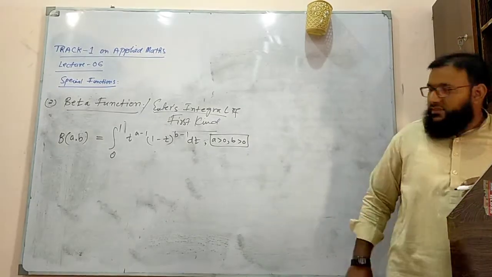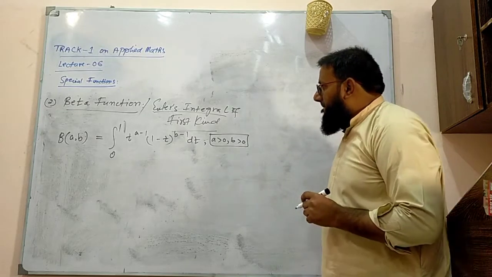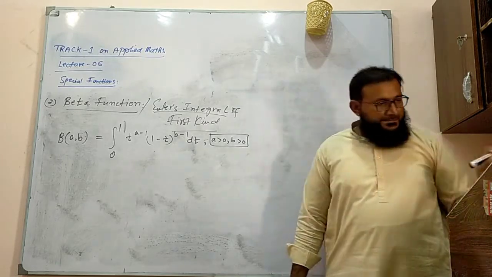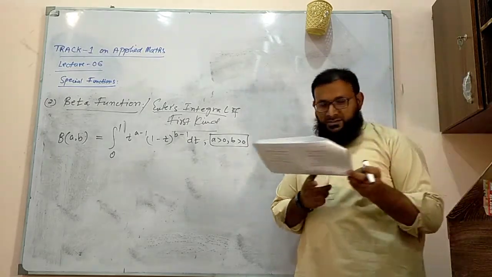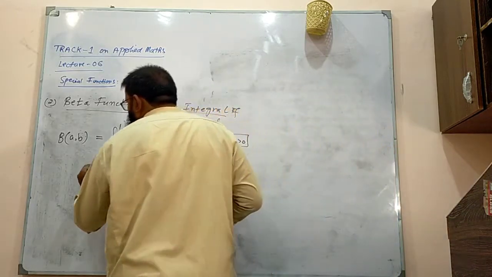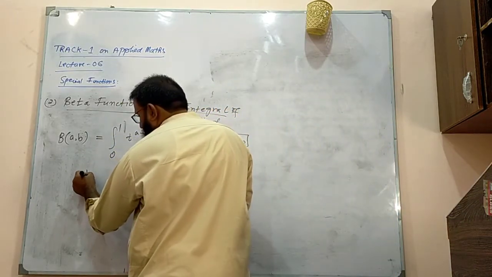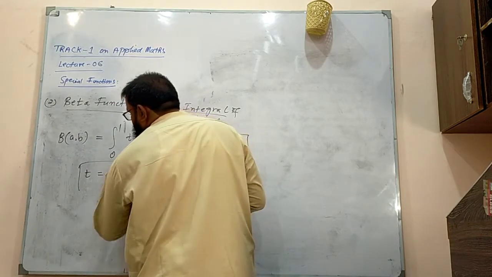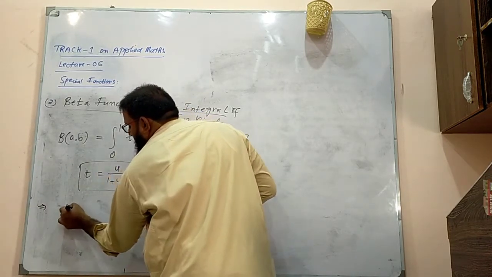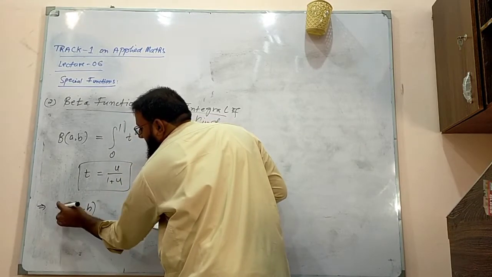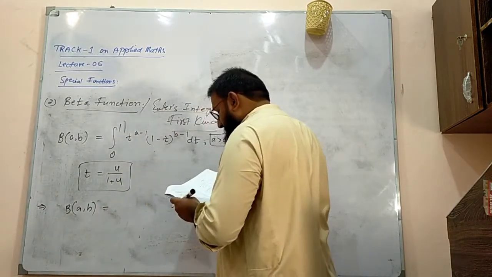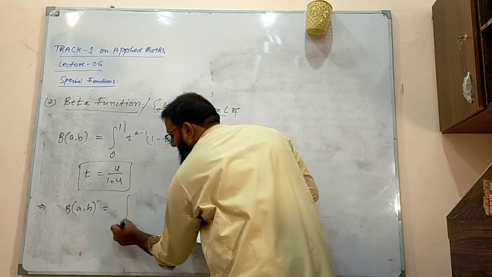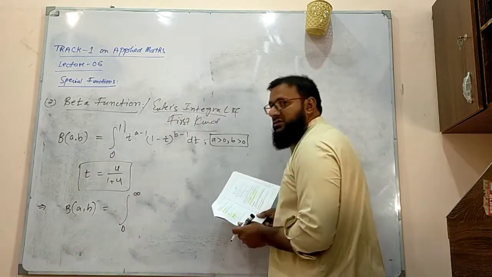Okay, so the other form of this beta function, when you substitute t equals u over 1 plus u, it means this is a substitution, then you get another form of beta function, that is beta of a comma b is equal to integral from 0 to infinity.